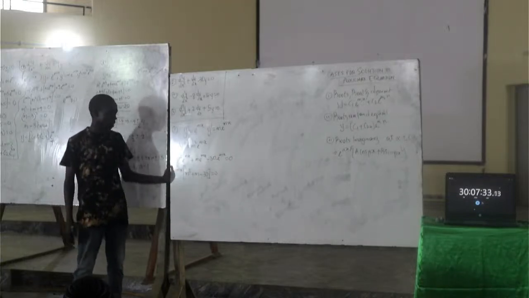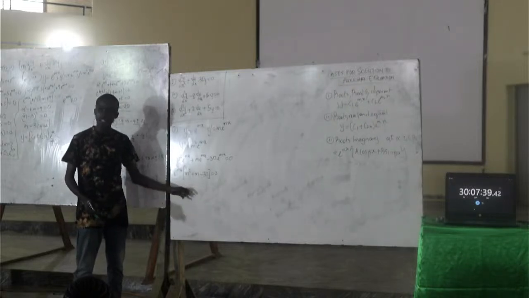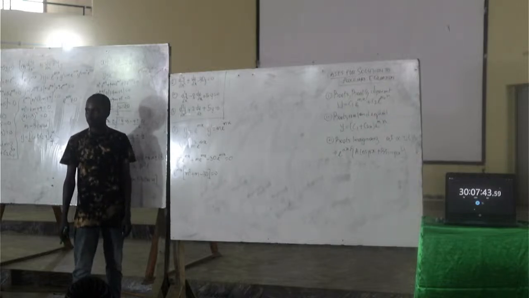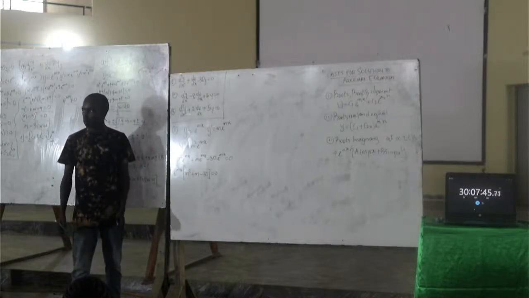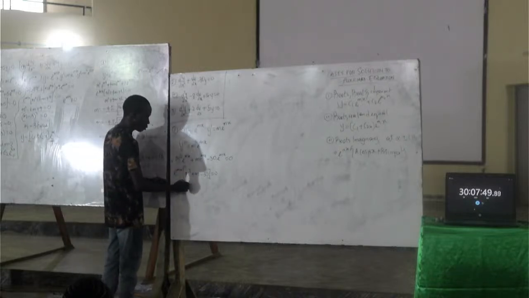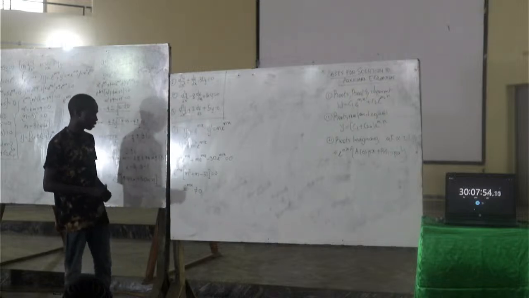Are we together now? So after here, what will be the next step? What will be the next step after this place? I factorized already. Please always state it: e exponential mx is not equal to 0. Always state it. All right. Now the next one is what?